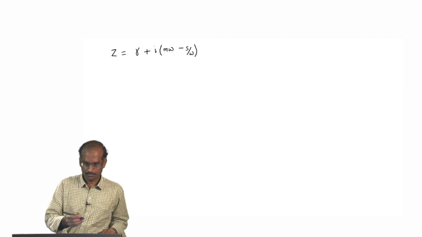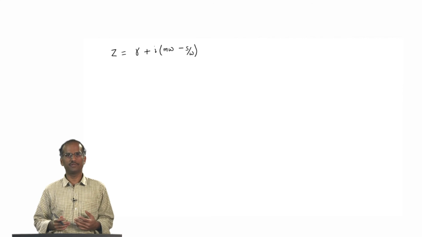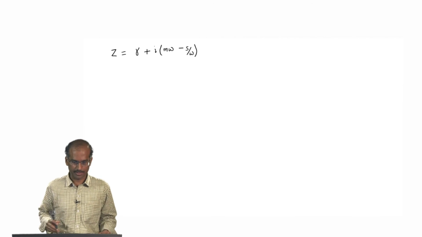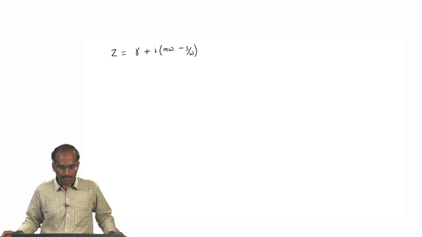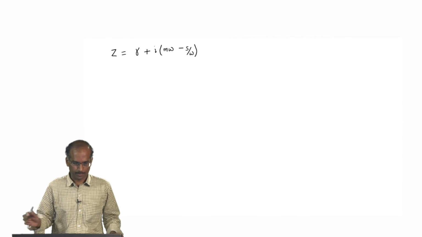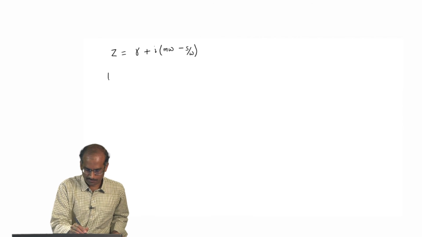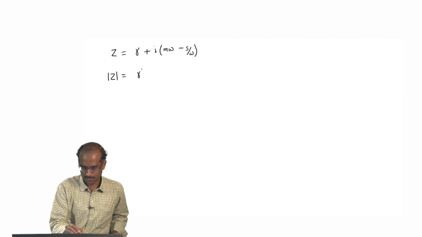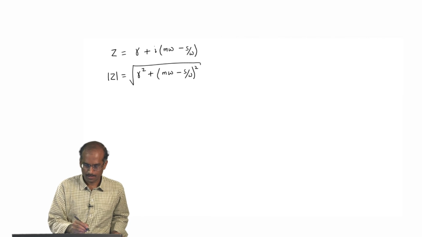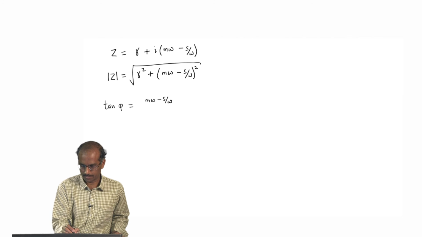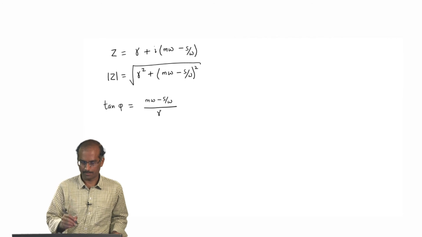Let me remind you that our basic definition of impedance Z was this quantity gamma plus i multiplied by m omega minus s by omega, and from here modulus of Z of course was the square root of gamma square plus this, and we also wrote down a relation for tan phi, which is m omega minus s by omega divided by gamma.